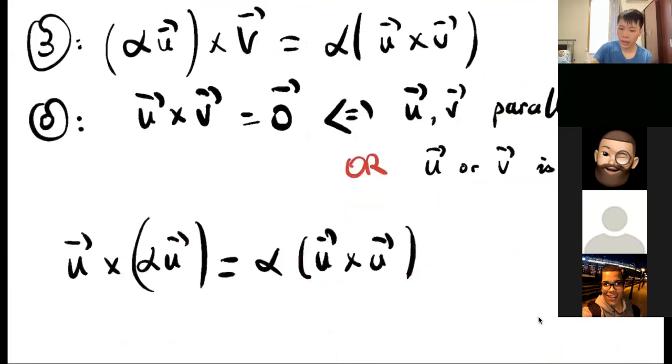So this is 0, right? And then the scalar multiplication alpha doesn't really matter, because any scalar applied to 0 still gives you back 0. So that's why if they are parallel, you get back 0.